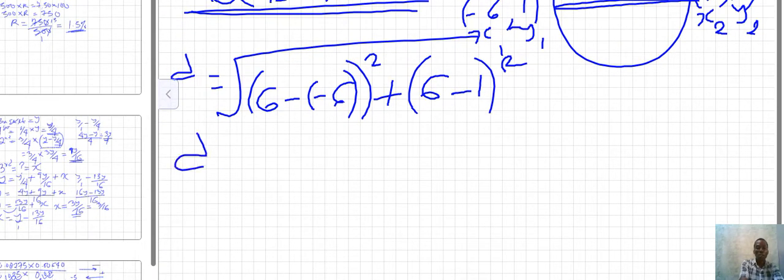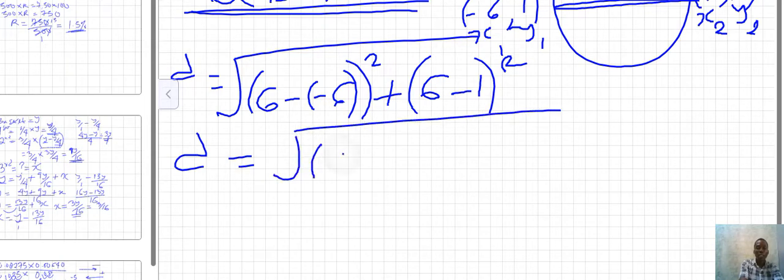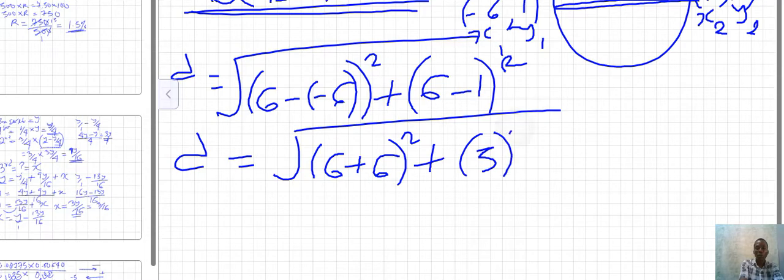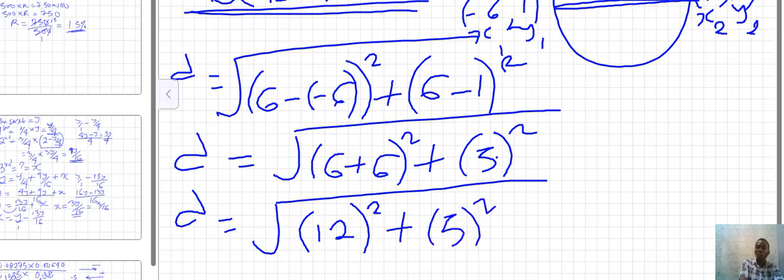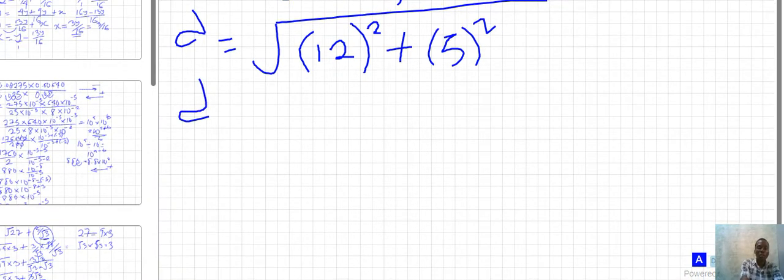So D is the square root of (6 minus times minus is plus, that will give you 6) squared plus (6 minus 1 will give us 5) squared. So our D will be equal to the square root of (6 plus 6 will give us 12) squared plus 5 squared.